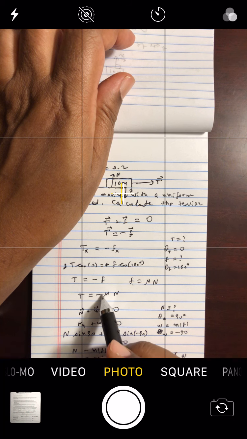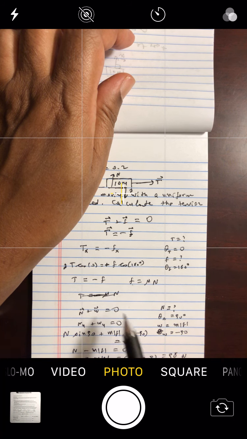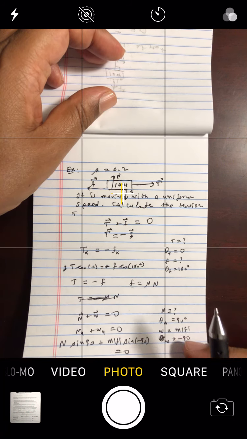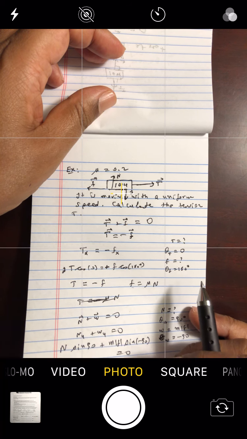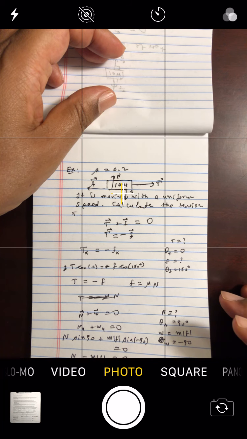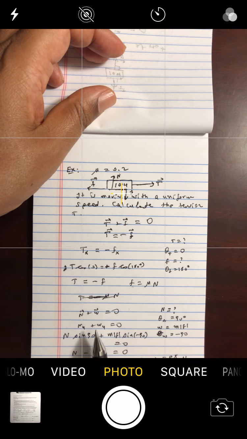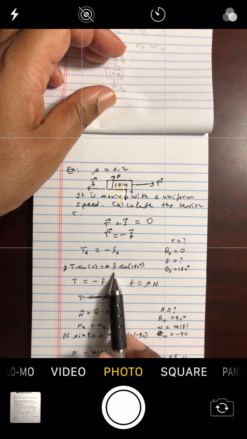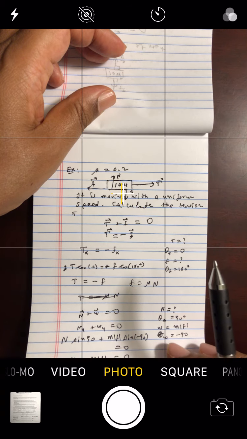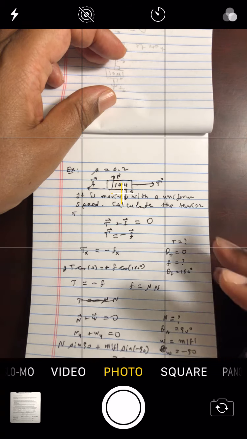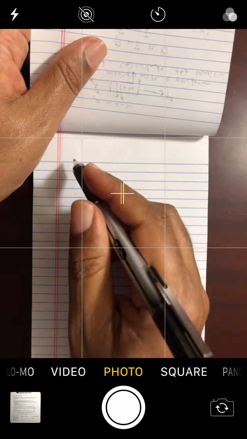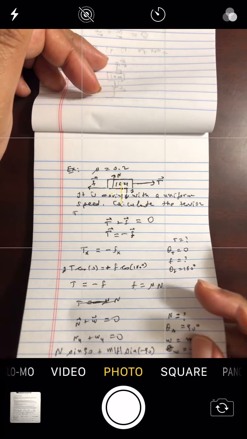Let me read this equation. Let me start from T equals negative F. Do I have Fx? Fx is over here, negative F. So let's go to this equation.